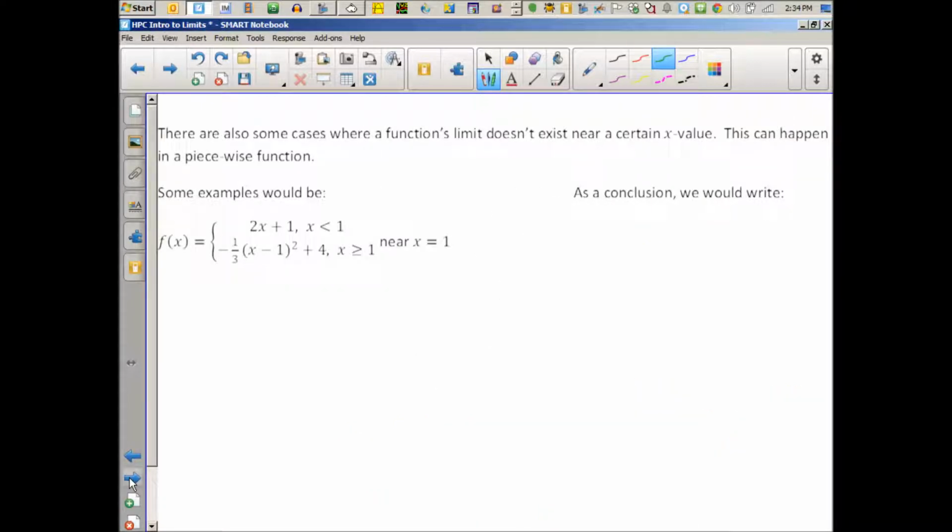Okay. That kind of segues us into this next problem, this next case of problems, set of problems. You can see that sometimes a limit doesn't exist near a certain x value. So let's take a look at this piecewise function, and let's see an example of that. So we know that we're talking about x is less than 1. We have this 2x plus 1 line.